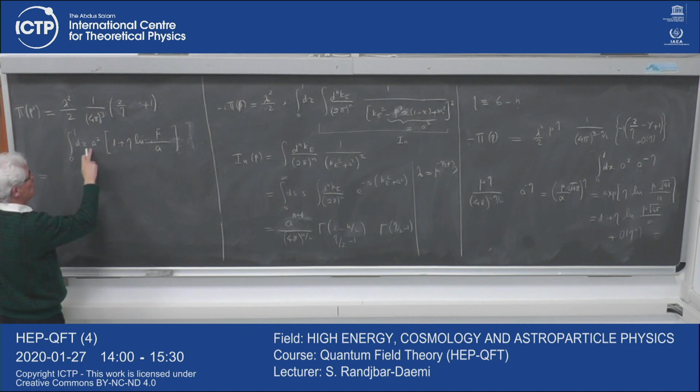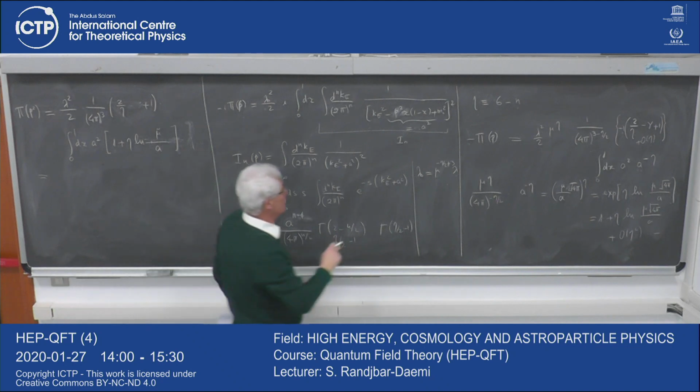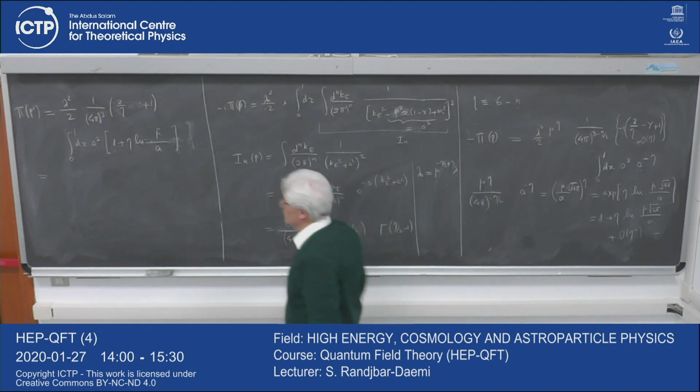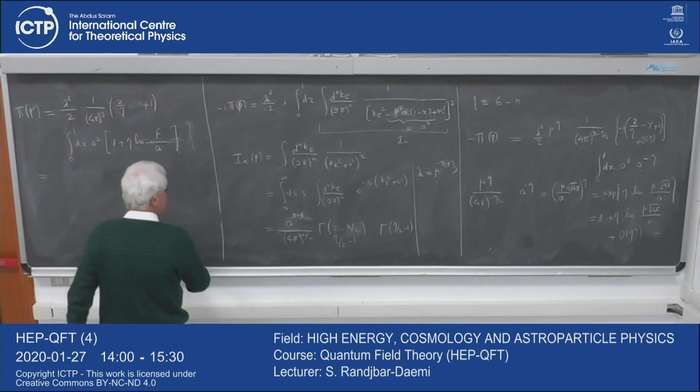But then in A squared you can do the integration over x, because the dependence of A squared on x is something very simple. It's x times 1 minus x. So in the singular terms, let me do that integration here.